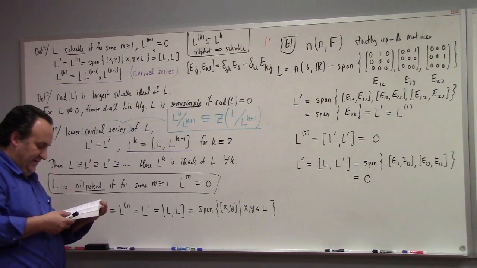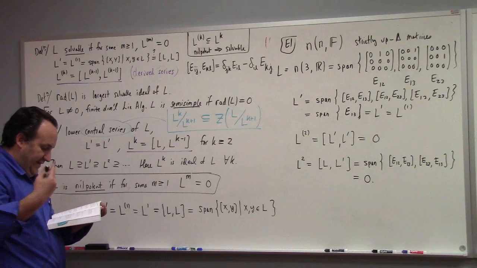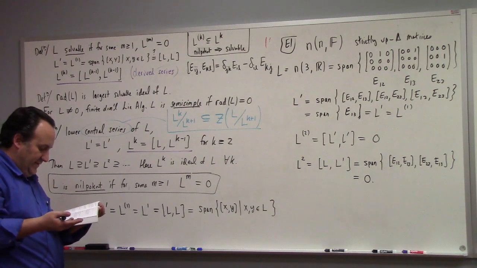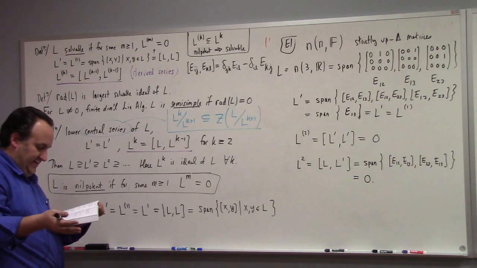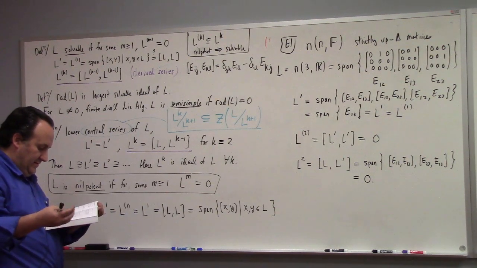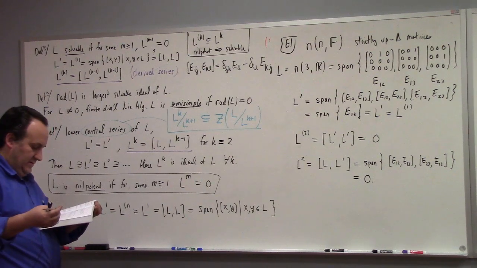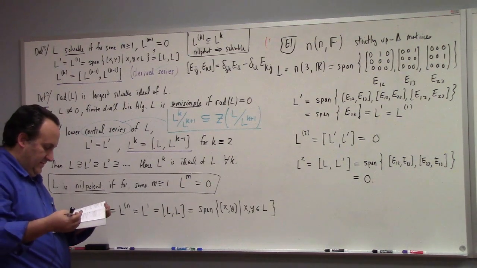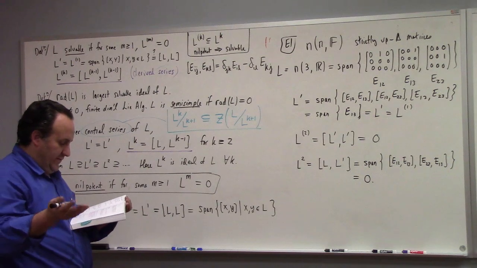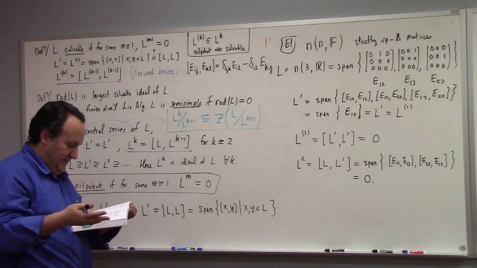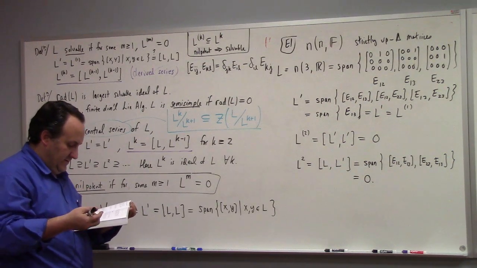He says there are solvable Lie algebras which are not nilpotent, and the standard example is upper triangular matrices over a field for n greater than or equal to 2. All right. So let's see here. Solvable but not nilpotent: upper triangular matrices for n greater than or equal to 2.